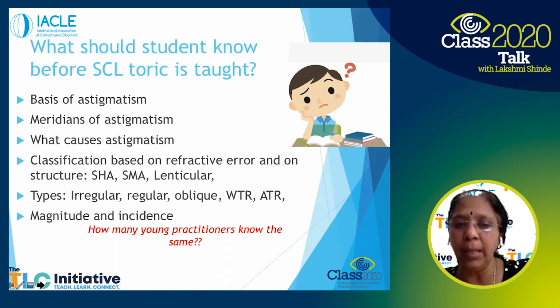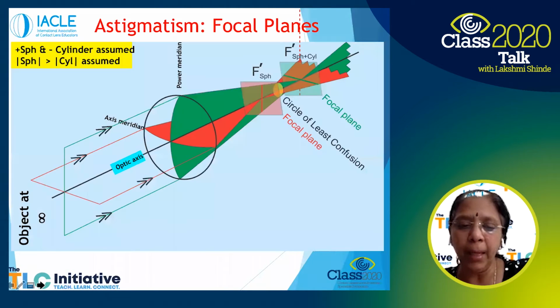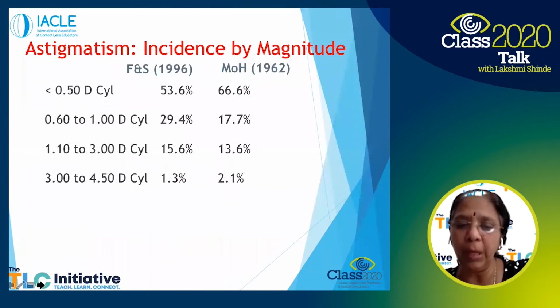So I think as practitioners, we all need to brush up our knowledge regarding all of this from time to time. That's just a Stump's conoid, where it basically explains astigmatism and also explains the different meridians of focus and the circle of least confusion, which these students should be familiar with.